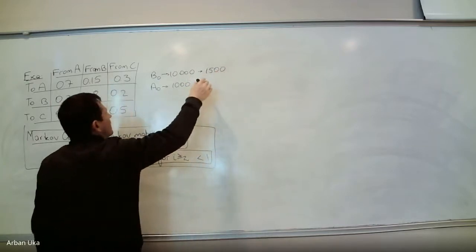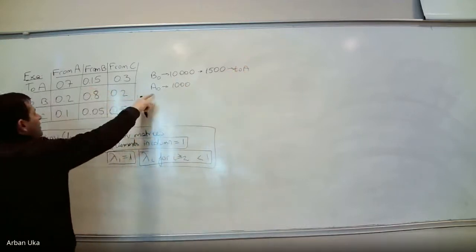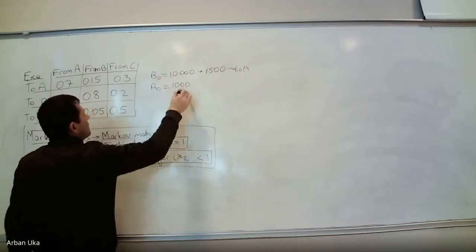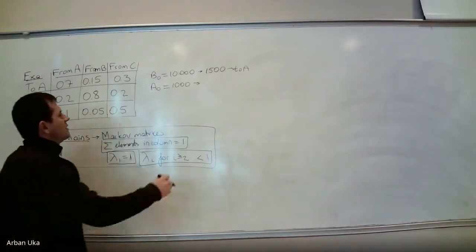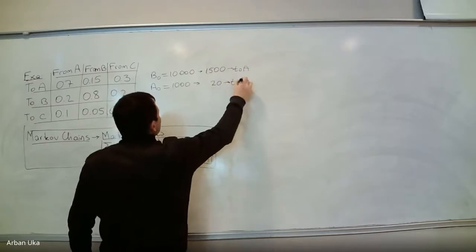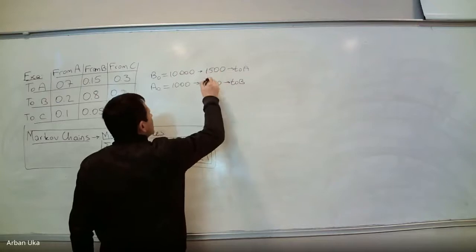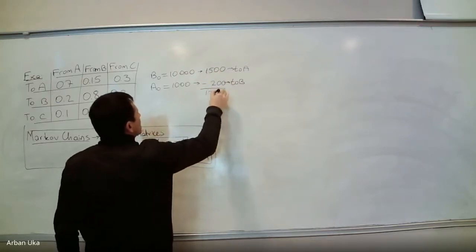So these 1,500 go to A. At the same time, if A0 is equal to 1,000, then it's going to lose 20% to B, which means it's going to lose 200 to B. So it looks like losing 20% to B is not that bad because it's going to get 15% from B. Apparently it's a plus 1,500 and a minus 200. So in total, it's going to get this much.